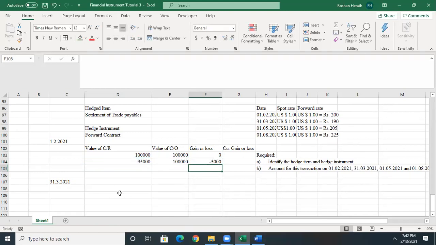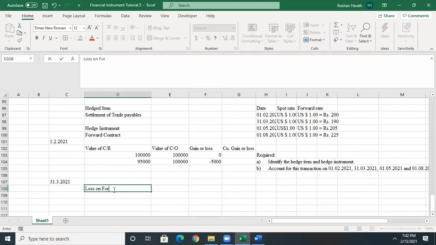As usual, you can place the entry: loss on forward contract, and then forward contract is credit, 5,000 and 5,000.